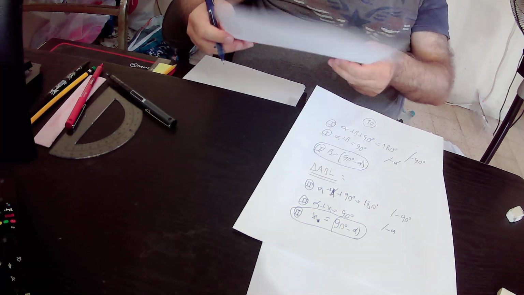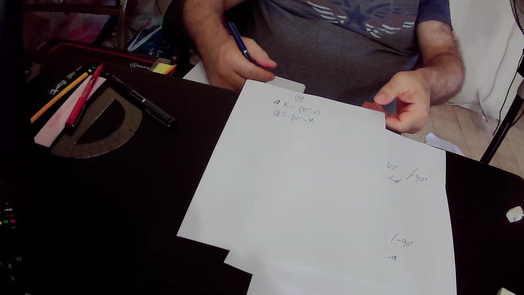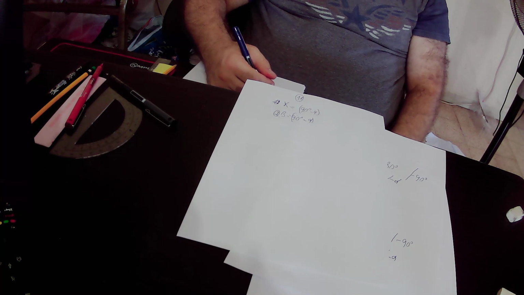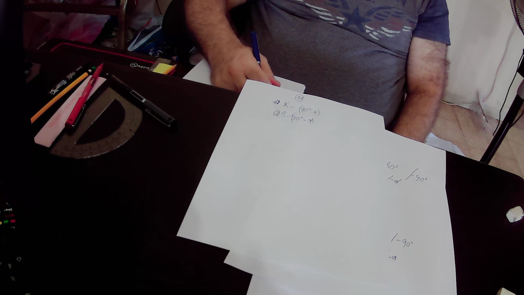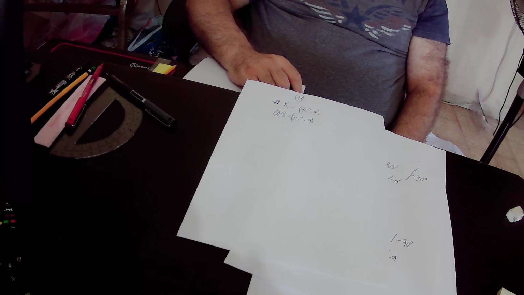Equation number 2 states that x equals 90 degrees minus alpha, and equation number 1 states that beta equals 90 degrees minus alpha. So we can combine equations 2 and 1, and we will find out the value of x.